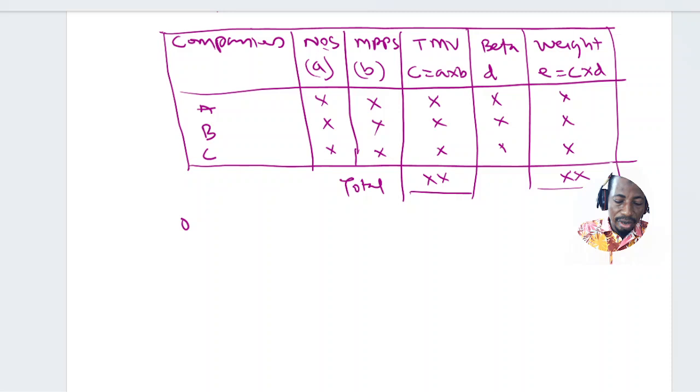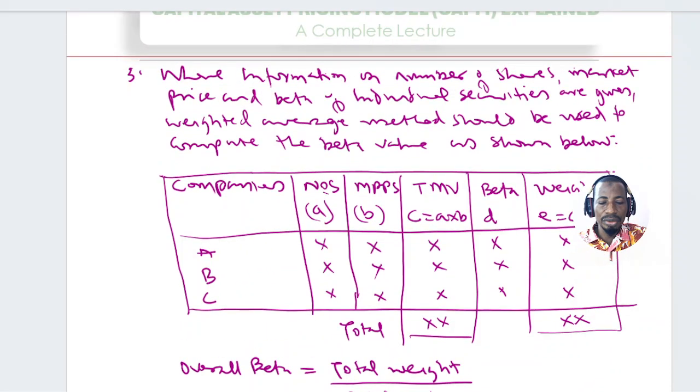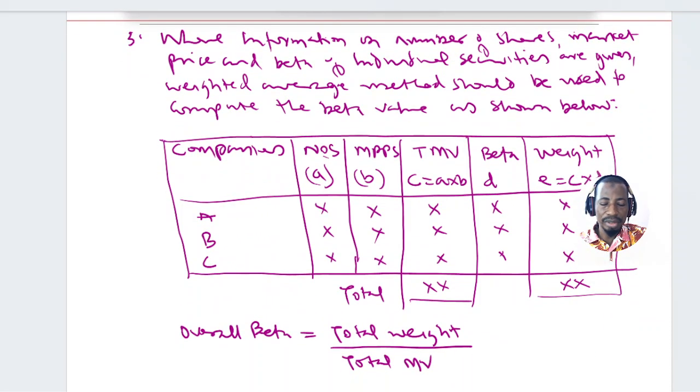So to now get the overall beta, the beta of the portfolio will be computed as total weight divided by total market value. So if in the question you are given the number of shares, the market price per share, and the beta value of individual securities, this is how you are expected to calculate the overall beta.